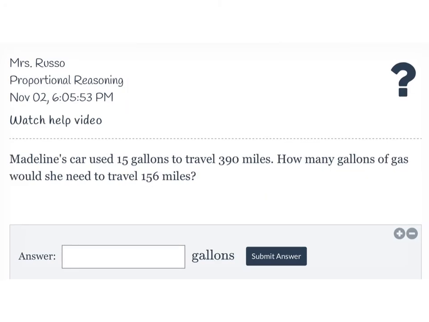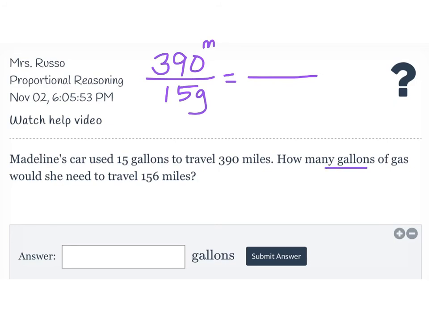Let's do 2 more. Madeline's car used 15 gallons to travel 390 miles. 390 miles in 15 gallons. How many gallons of gas would she need to travel 156 miles? So if I put the miles up here and the gallons down here, I'm looking for gallons, so that'll be my x. And she traveled 156.